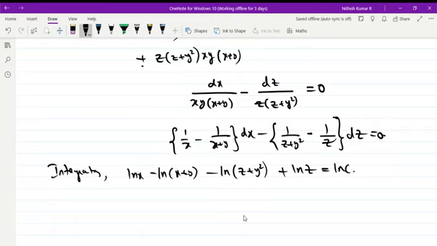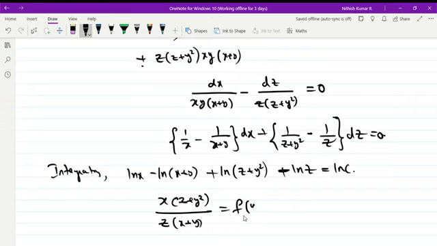So by rearranging, it is x into z plus y square divided by z into x plus y, say this is equal to f of y.